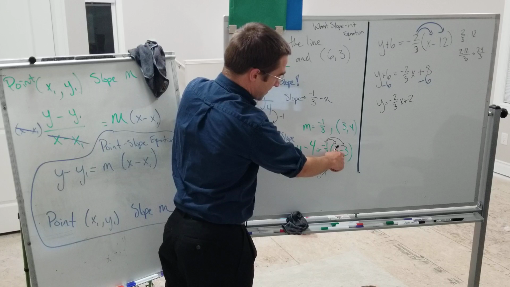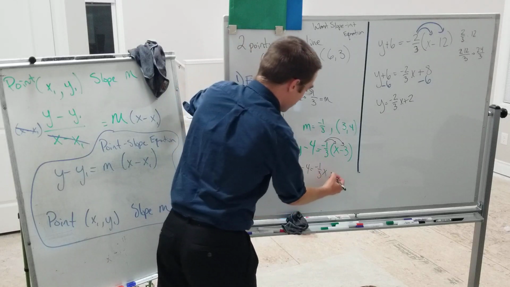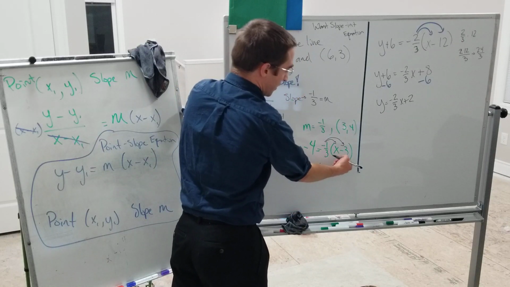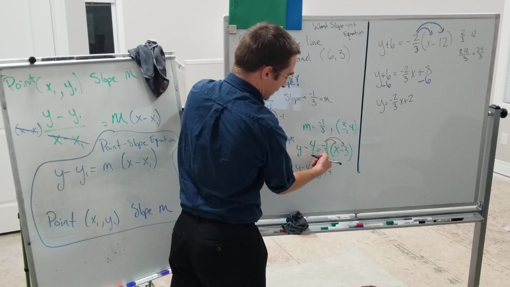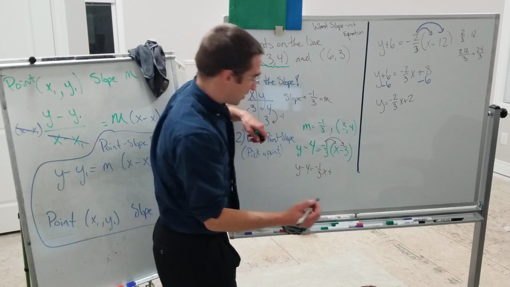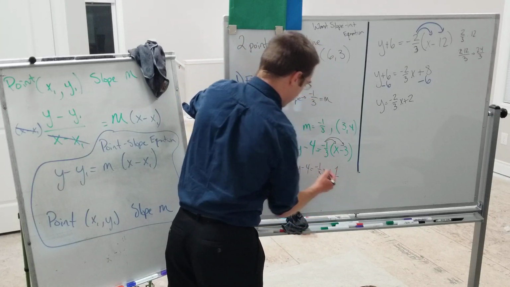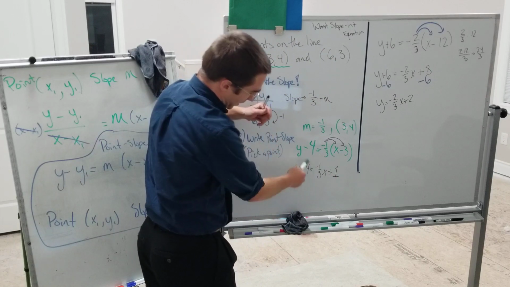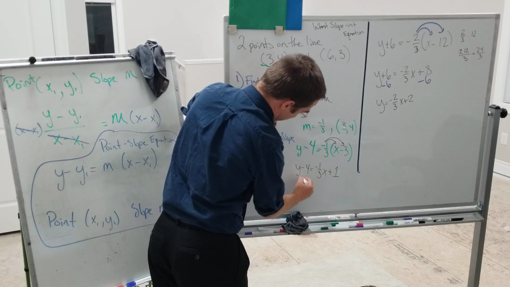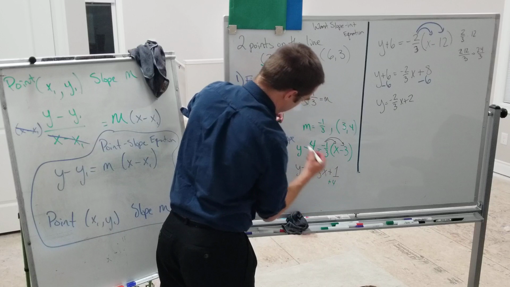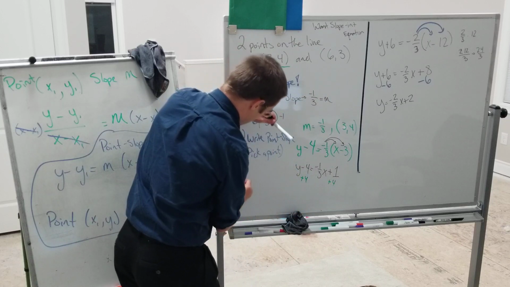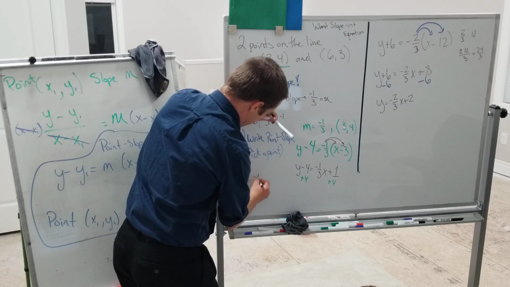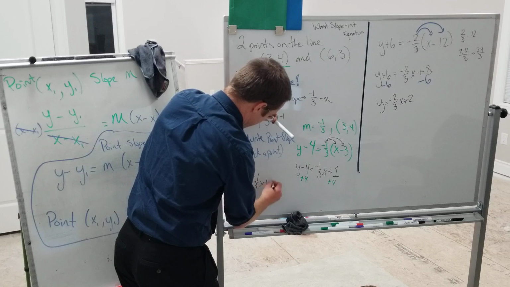Negative 1/3 times negative 3. Negative times a negative is going to give me a positive. Here I get 3 times 1 is 3 divided by 3. 3 divided by 3 is 1, so plus 1. And then I want to get the y all by itself, so I add 4, and that gives us y equals negative 1/3 x plus 5.